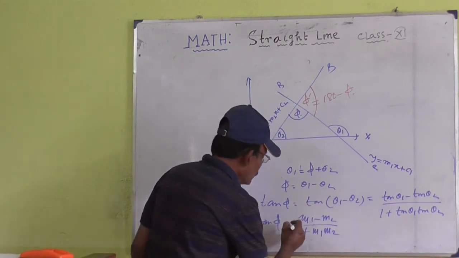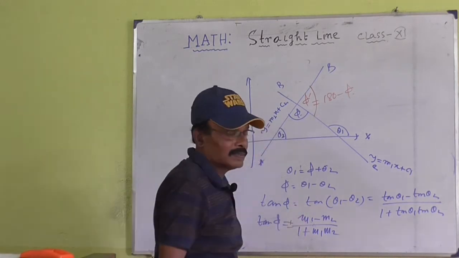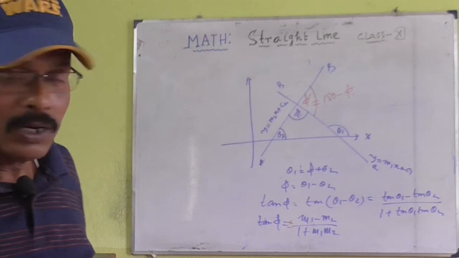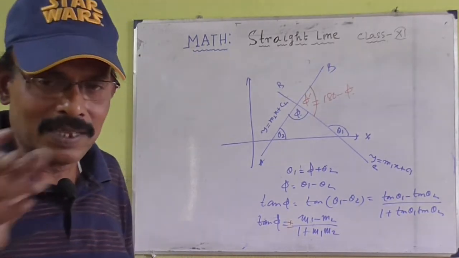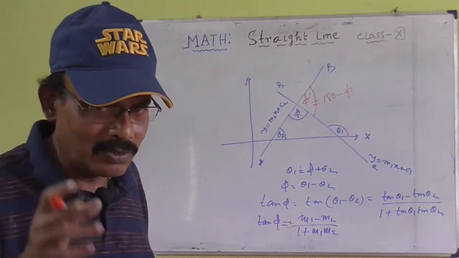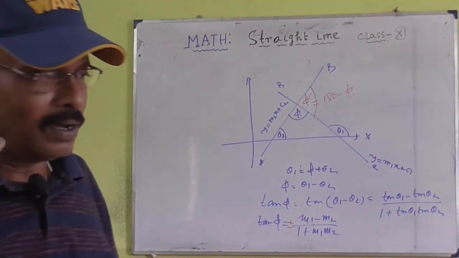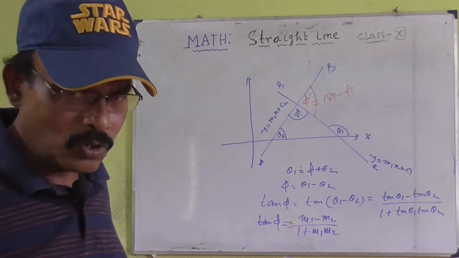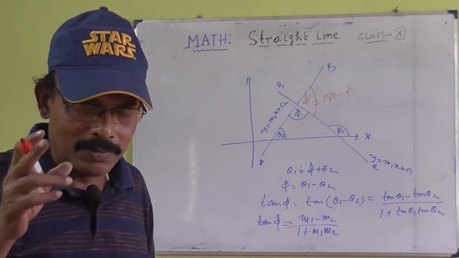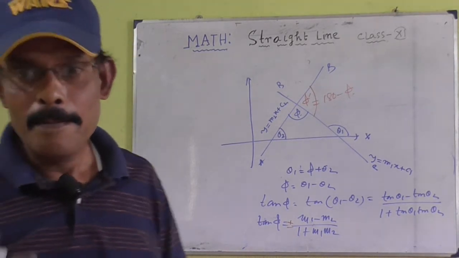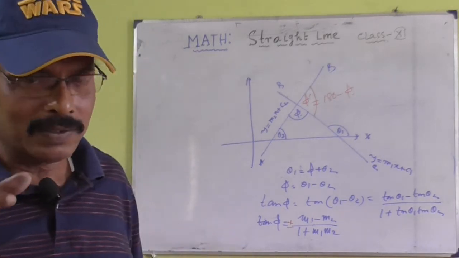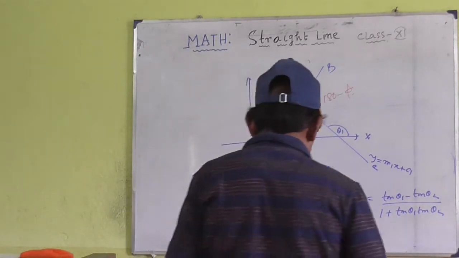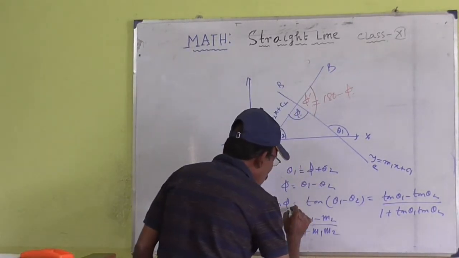This formula will be plus minus, because tan of 180 minus theta lies in the second quadrant, where sine is positive but tan is negative. So tan phi, that means the angle between the two straight lines, is plus minus m1 minus m2 by 1 plus m1 m2, but we use mod.